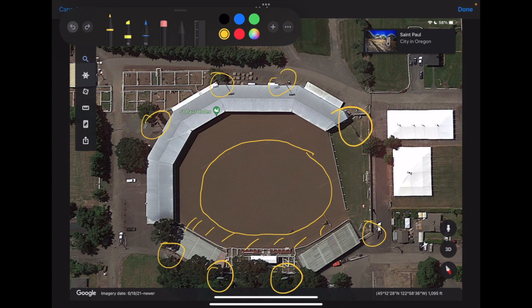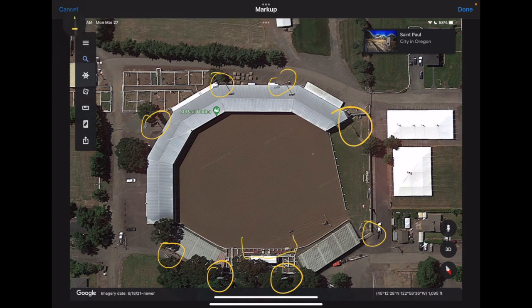which dramatically changes how I shot this rodeo when I was shooting it. So the bucking chutes are here, the timed event chutes are right beside the bucking chutes. Tie down roping goes straight out like this. Team roping goes out like this, right?